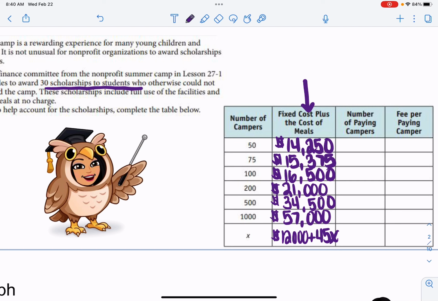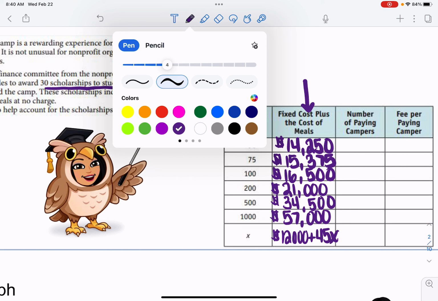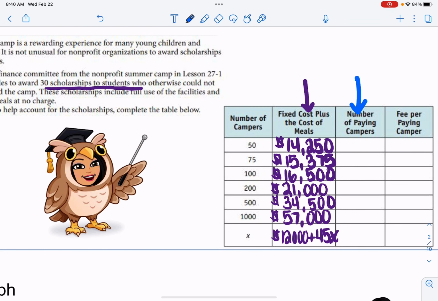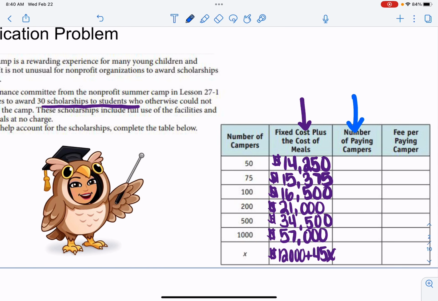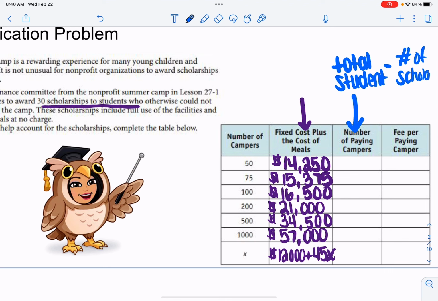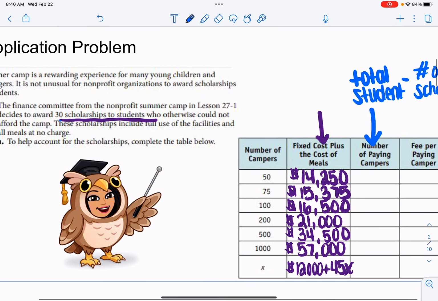Then the next one says number of paying campers. How would I find that? You would find it by taking the total number of students minus the number of scholarships. In the problem, it says 30 scholarships.